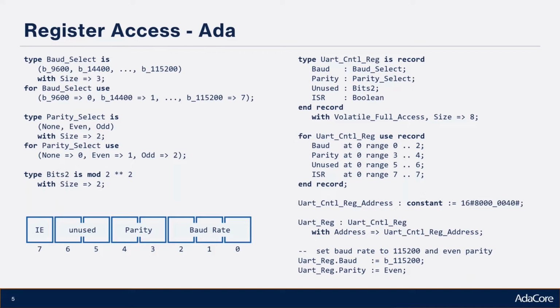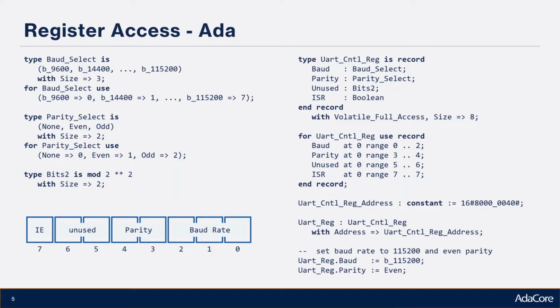Let's go through what it looks like, what this all means. In the left column, we have these three paragraphs. The first two are enumerations. The first one says type Baud_Select is, and that's just Ada's way of specifying an enumeration.